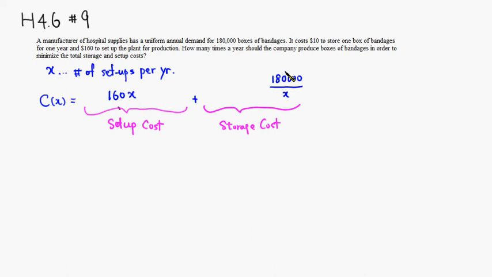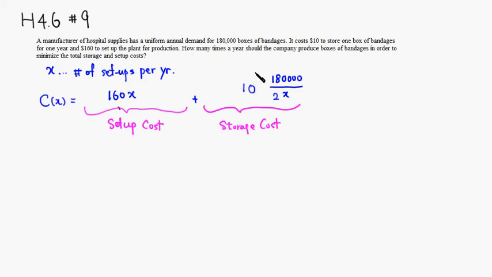But since the number of boxes decreases linearly, on the average, half of that number will be stored. So you divide by 2. So on the average, you are storing that many boxes per year. Then it costs $10 per box, so you multiply by 10.